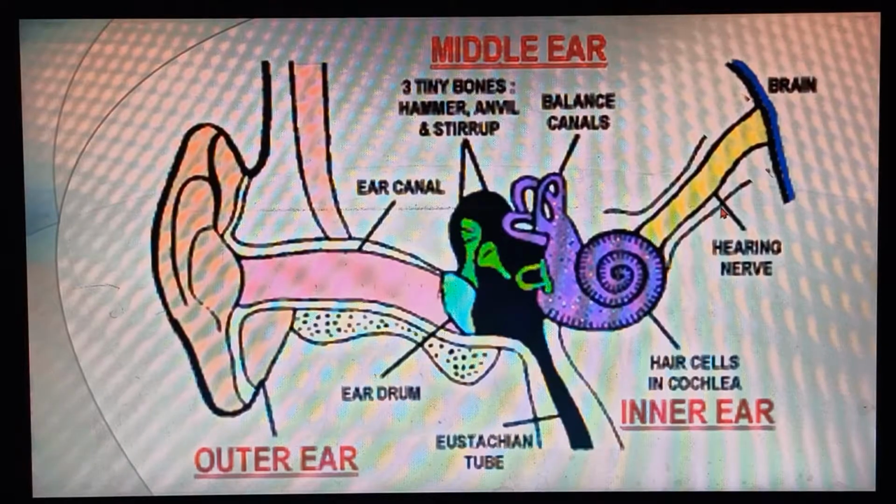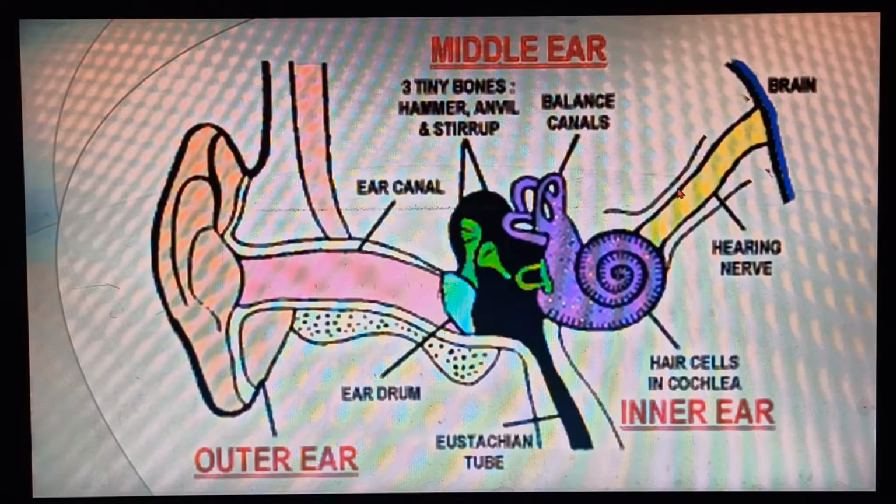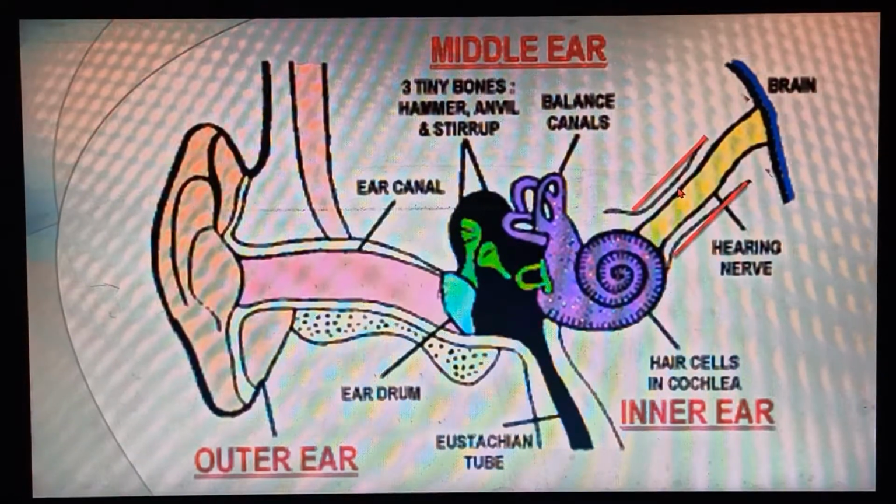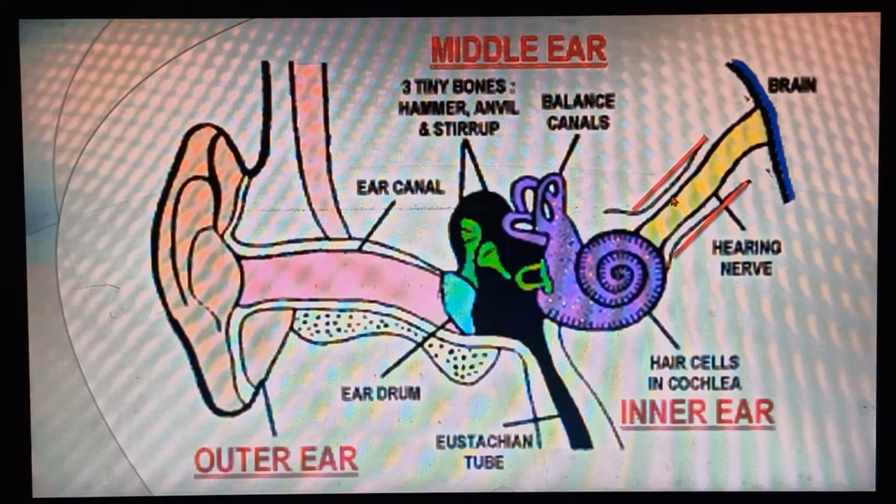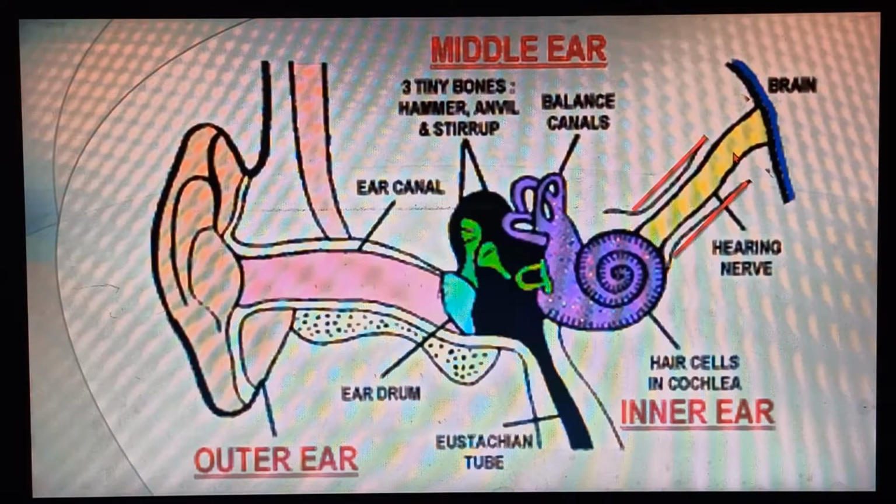This canalicular part is called the internal auditory canal. Inside this internal auditory canal, all these nerves unite to form a common vestibulocochlear nerve, and that travels through the cerebellopontine angle.